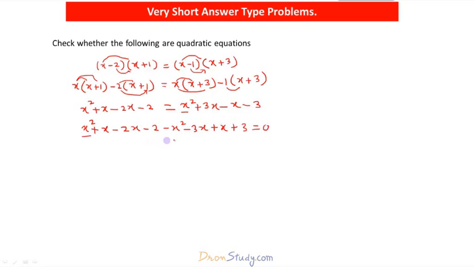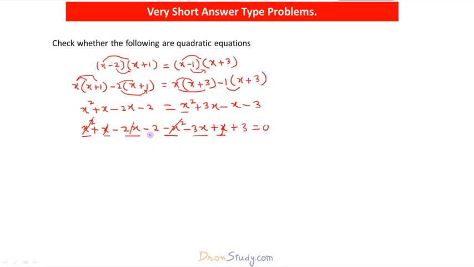Now here x square and x square are like terms, so this will get cancelled because both have different signs. Now here the terms with x are like terms, so this x plus x will be 2x and this minus 2x will get cancelled.